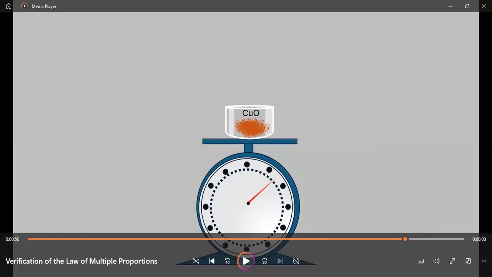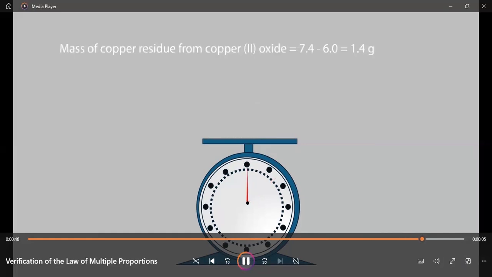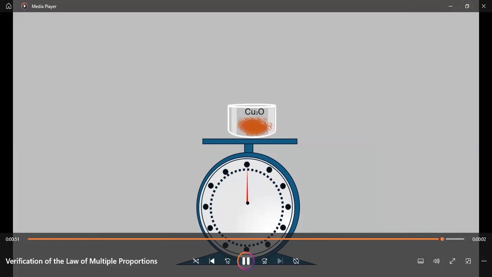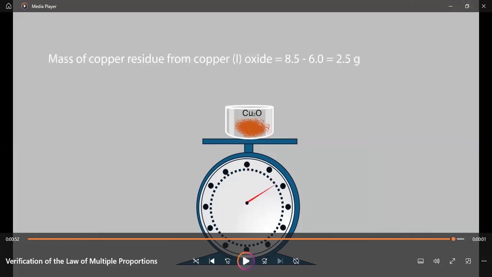So to get the mass of copper residue, we need to subtract the mass of the empty bowl from the 7.4 that we are reading right now, so the mass of copper residue is 1.4 gram. Then this is the copper from the other sample, that's copper 1 oxide. So the mass of copper residue from copper 1 oxide: the reading right here is 8.5, 8.5 minus the mass of this empty bowl, which is 2.5.